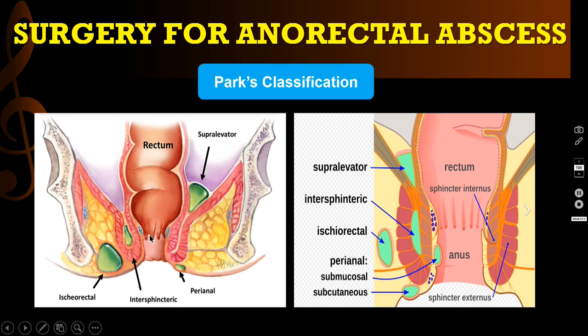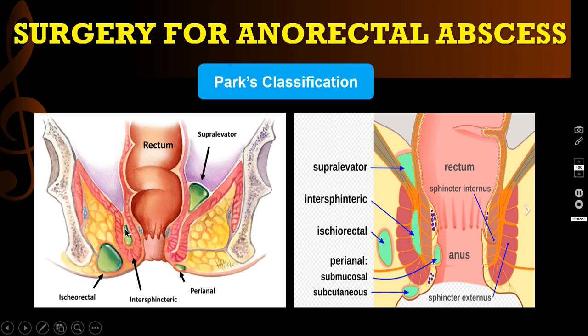Through this duct, the fecal matter or the infection will go to the perianal glands, and these glands will get infected and form the abscess in the intersphincteric space at first.